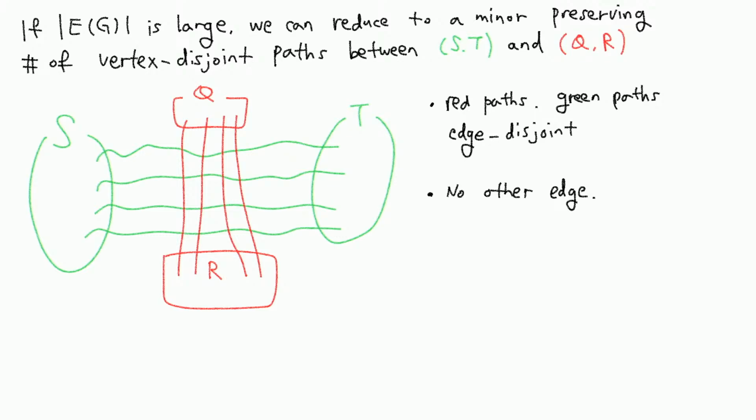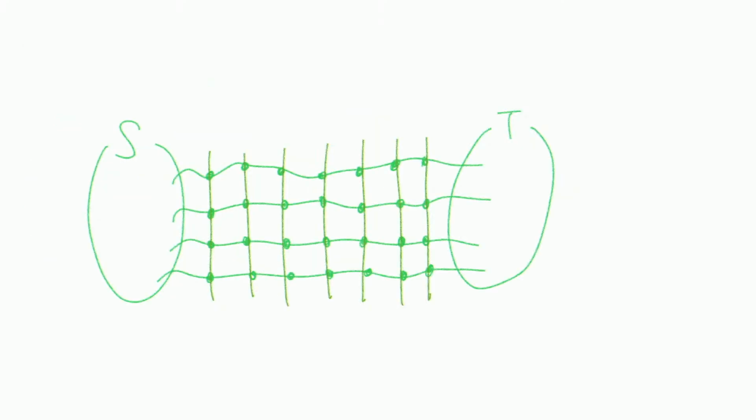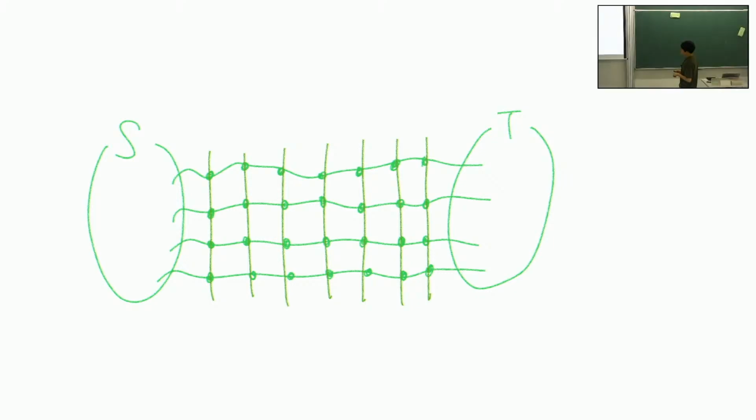Also, the size of G is sufficiently large, so we can assume that one of the green path and red path is huge. So in this case, we assume that the green path has a large size.